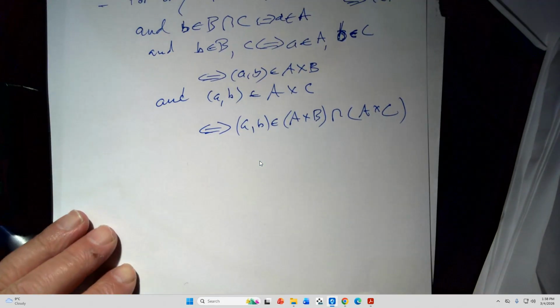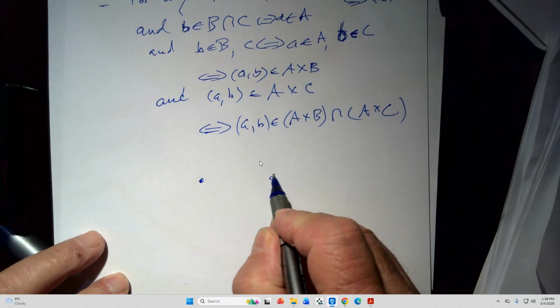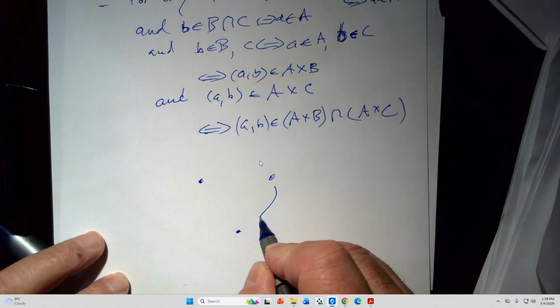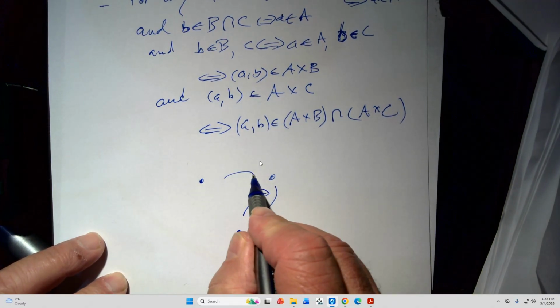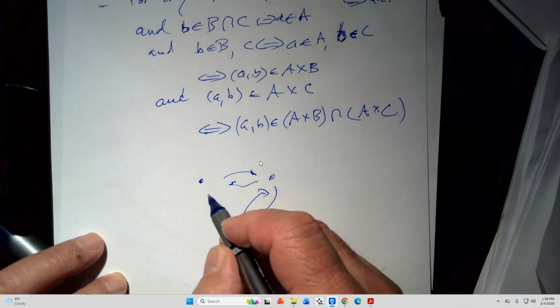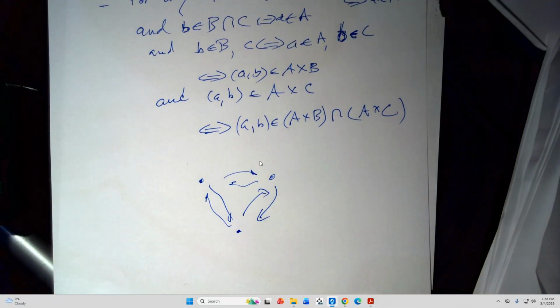Here's the digraph of a symmetric relation. We have point A, point B, point C, with edges going both ways between them. That's a symmetric relation. For every edge, there's a complement, and that's all she wrote.